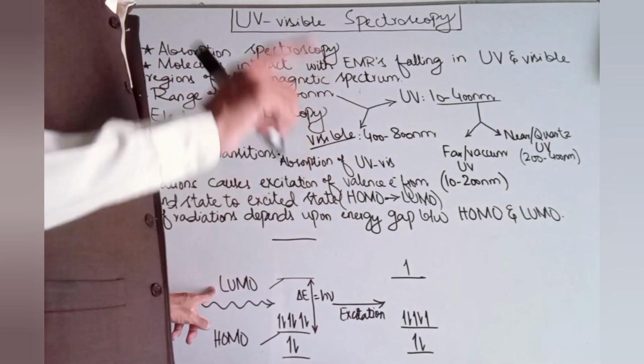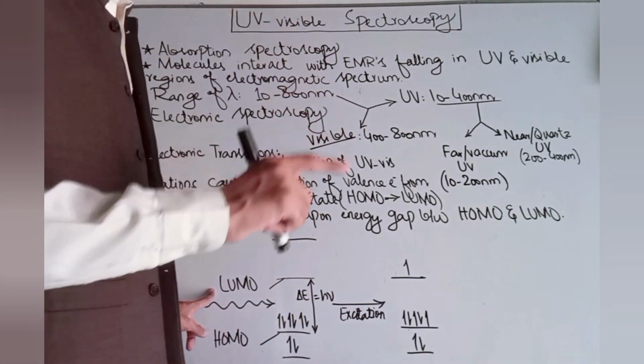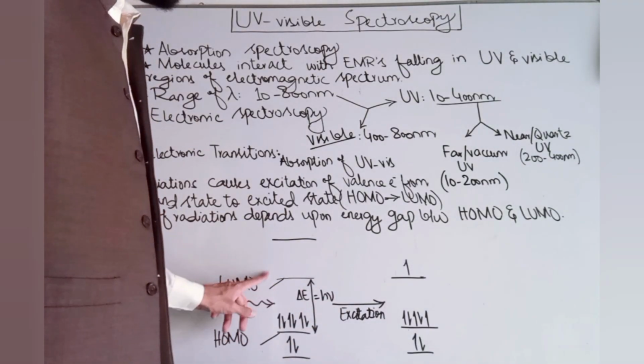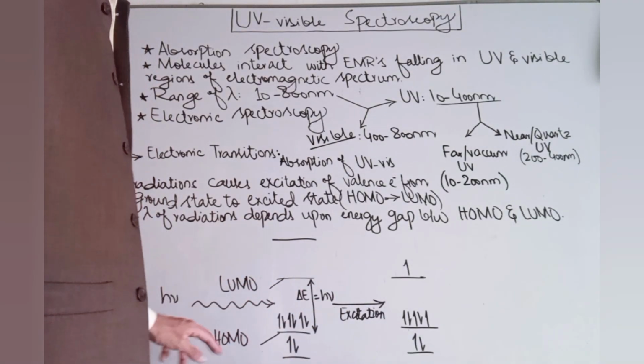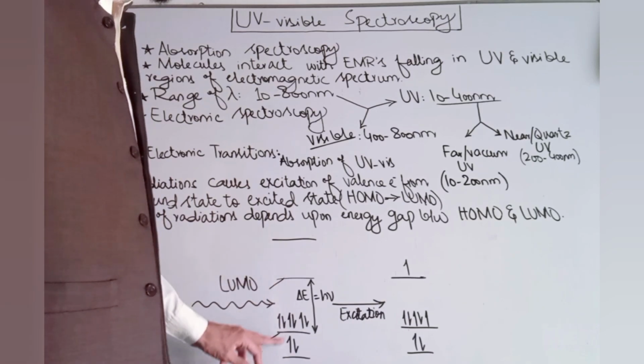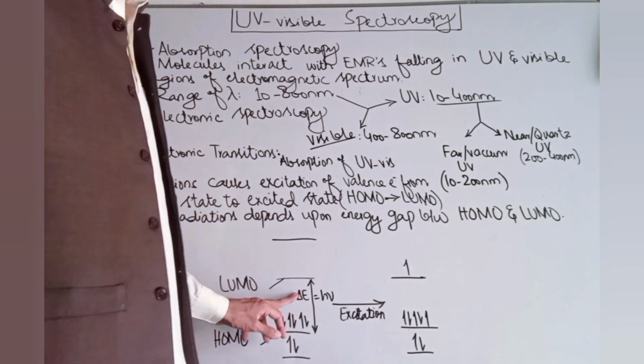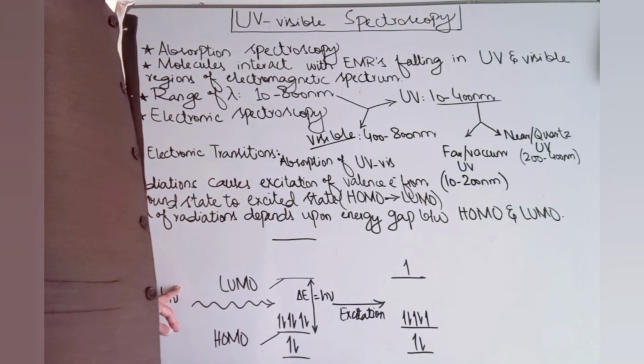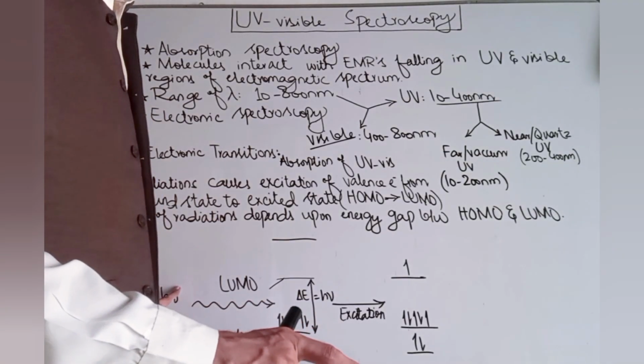The transition would only occur when the energy of the irradiated radiation is equal to the energy gap between HOMO and LUMO. So if the energy gap between these two energy levels is equal to delta E, that's equal to h nu, so the incoming radiation must have the energy equal to h nu.